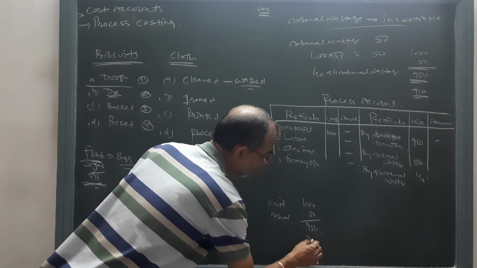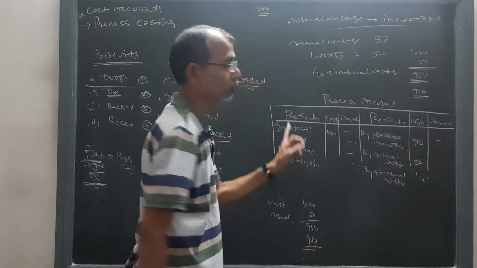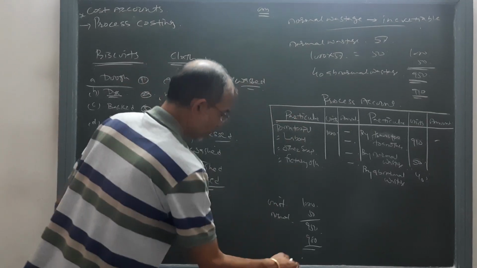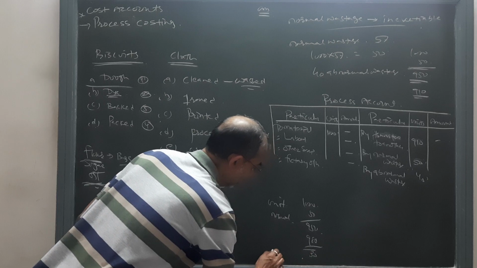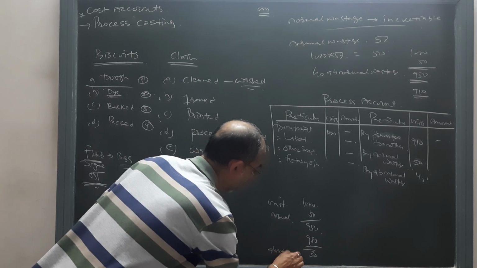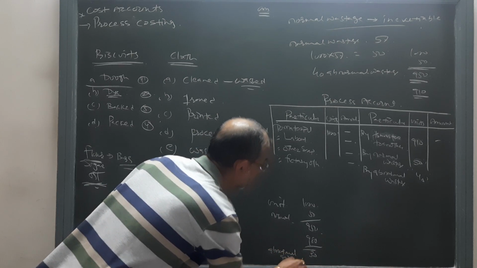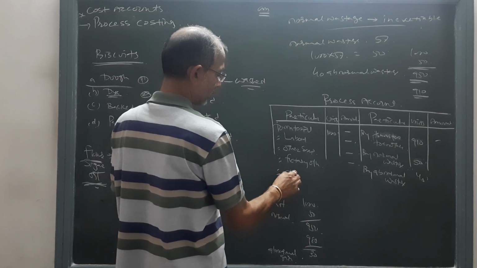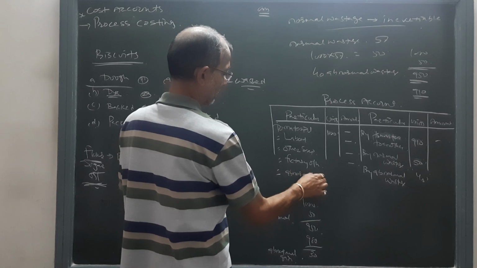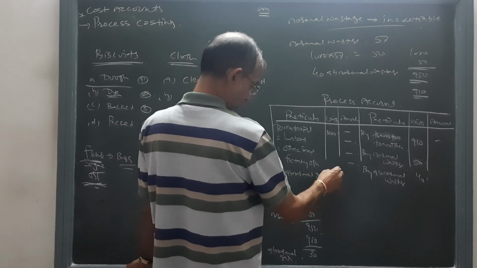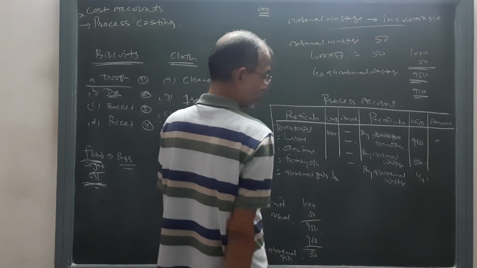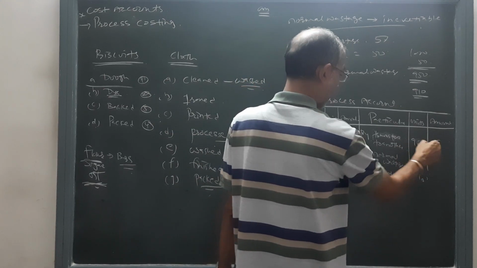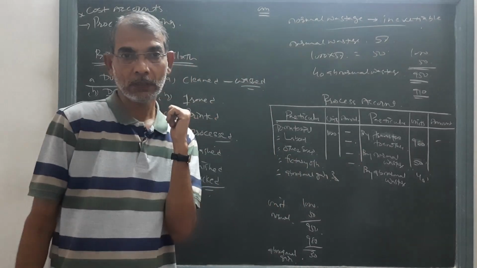But suppose 980 units are manufactured in this process, so that 30 units will be abnormal gain, which is written on the debit side of the process account. That will be 30. So here 980 units will be transferred to another process.